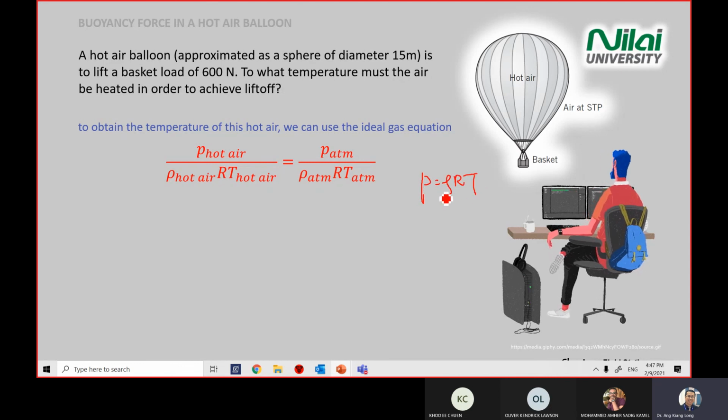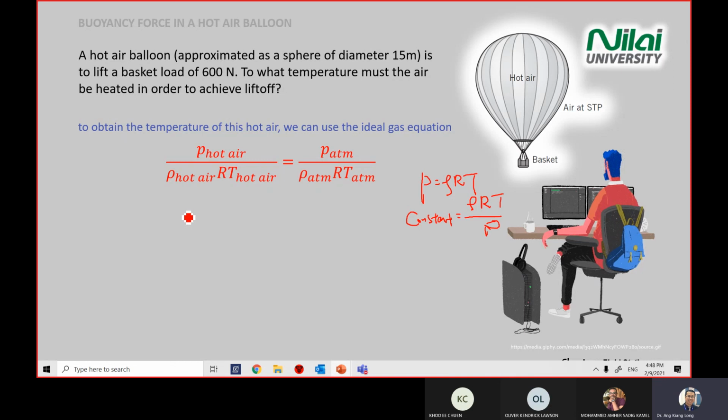If you move the P to the left hand side, you get a constant value, rho RT divided by P. So if you work in ideal gas, you can compare 2 different gases with a constant value like on the screen here.